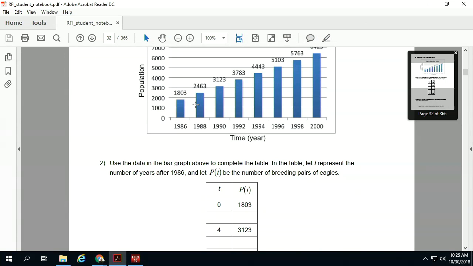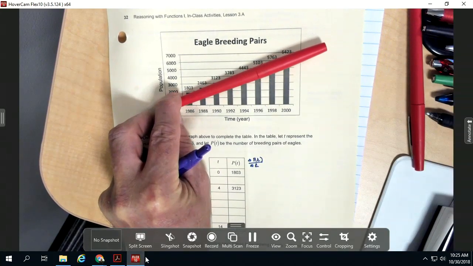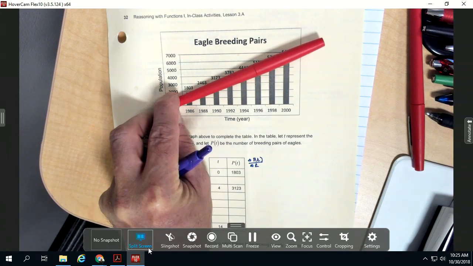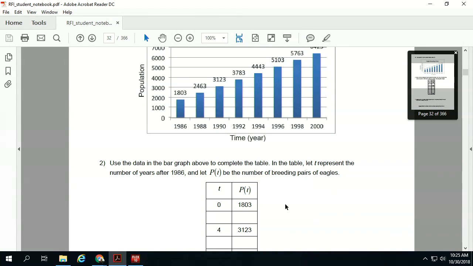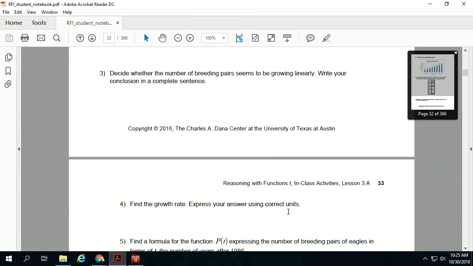If you put your pencil on your paper, it looks like you can cover the points with a line, right? Number 4, find the growth rate.